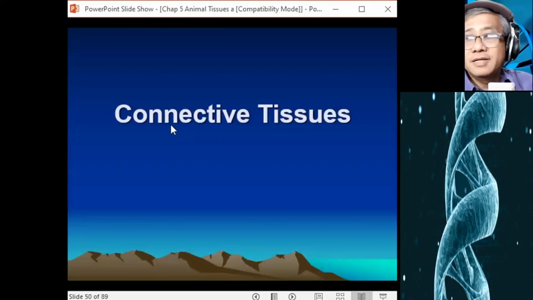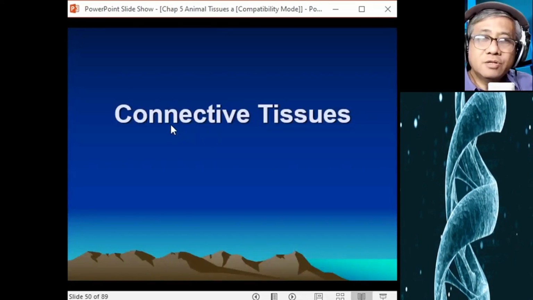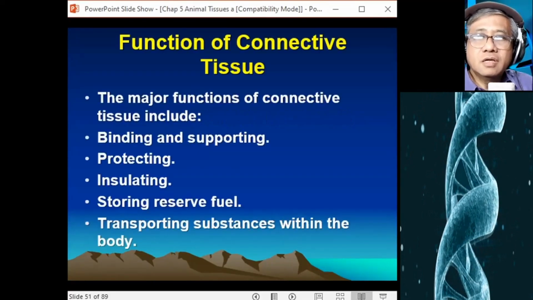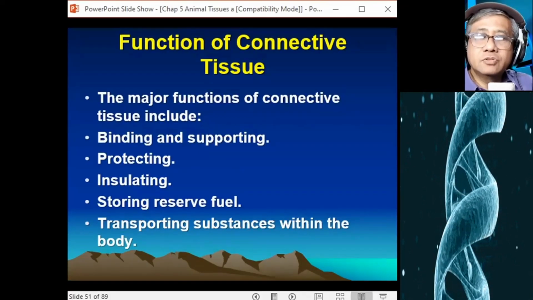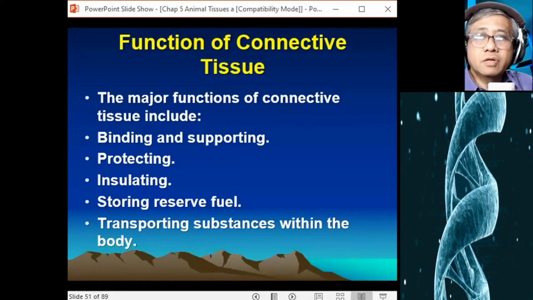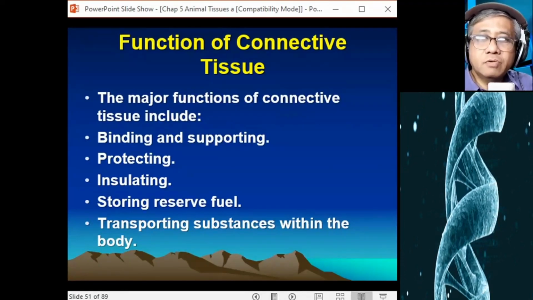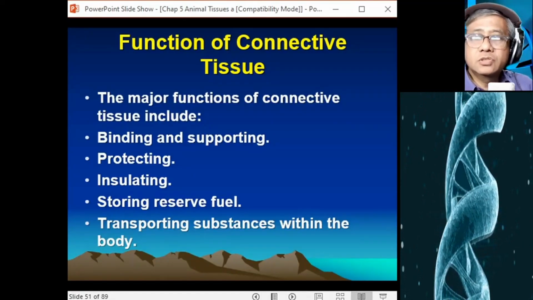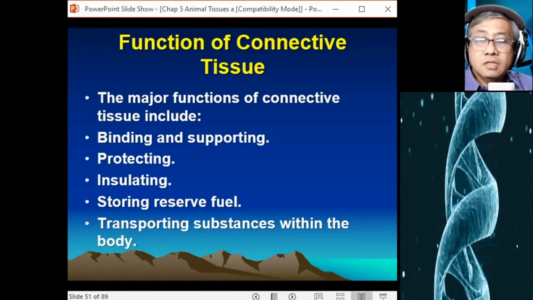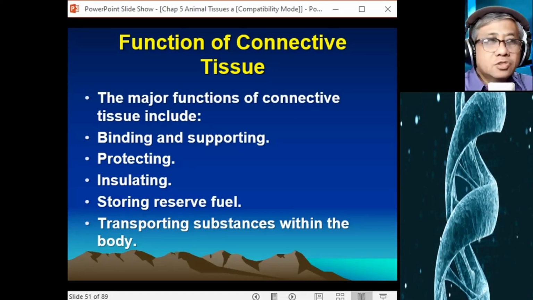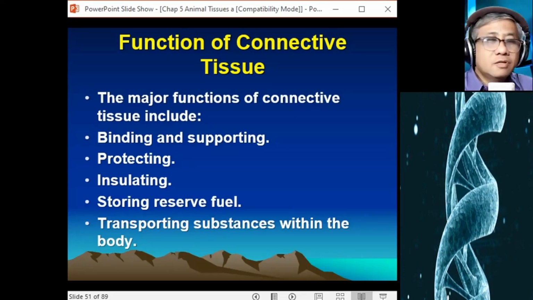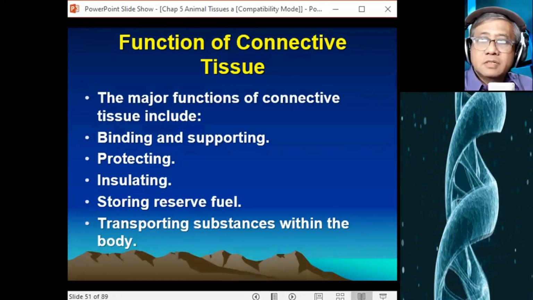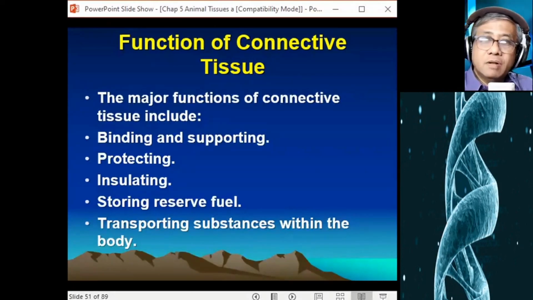Okay. Alright, next, let's now proceed with connective tissues. Now, connective tissues, they perform the following functions. Now, the major functions of connective tissue include the following. So, binding and supporting other tissues, protection, insulation, storage of reserve fuel like yung sa adipose tissue or fat, and transporting substances within the body like our blood.